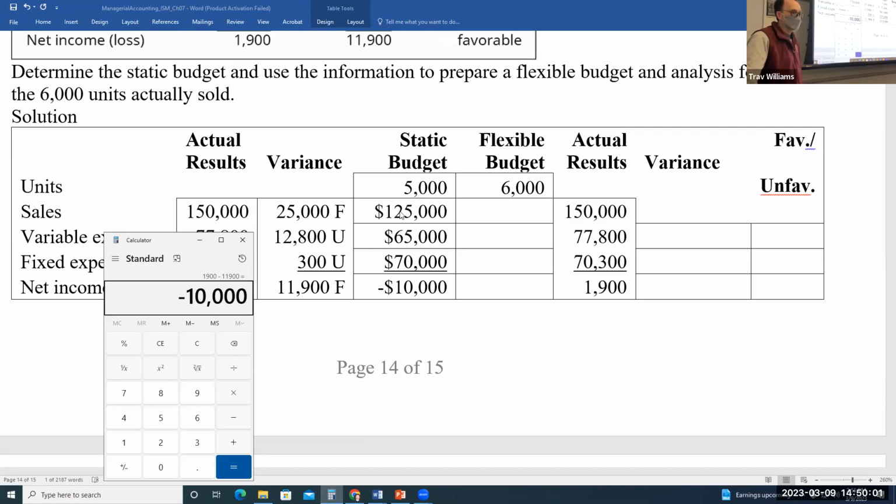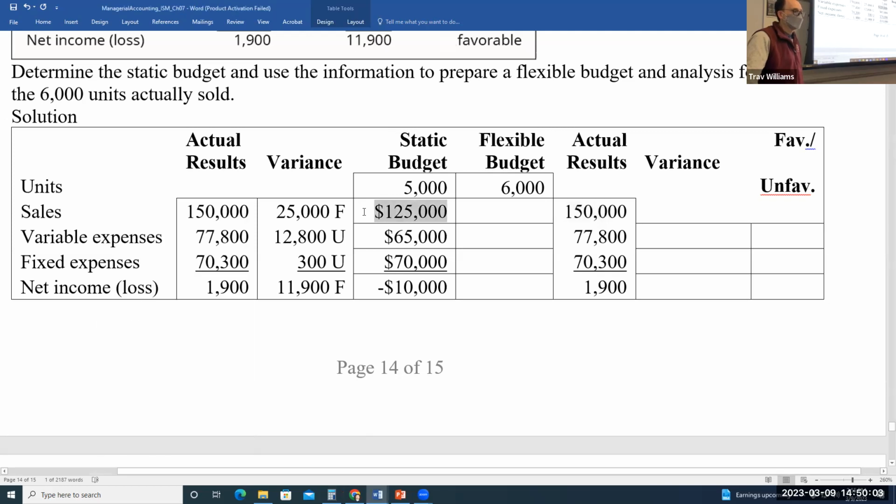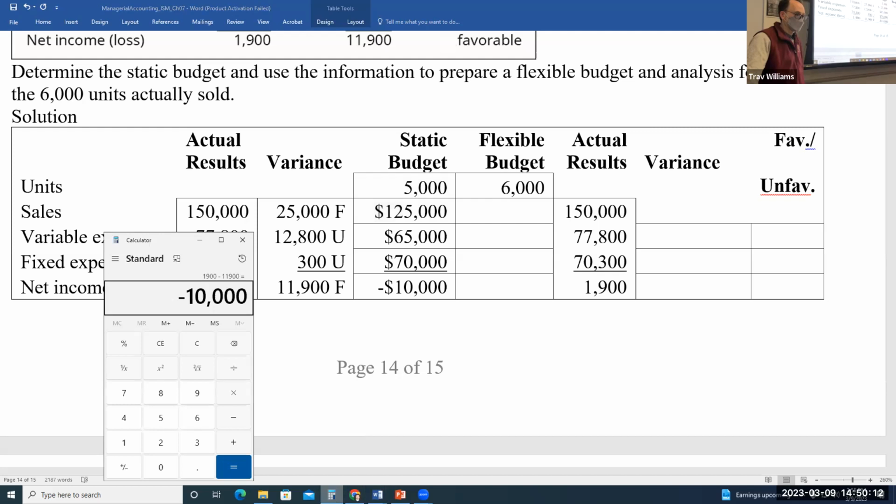That's right. Okay, so we're going to take the budgeted sales revenue divided by the budgeted number of units, and that'll give us our sales price. $25 per unit. Okay. Then if we multiply that by the 6,000 units we actually sold, 150,000.